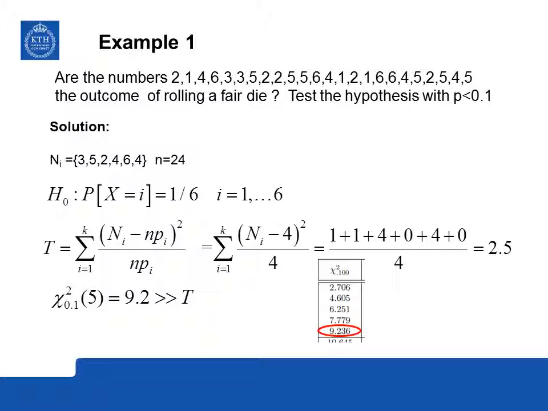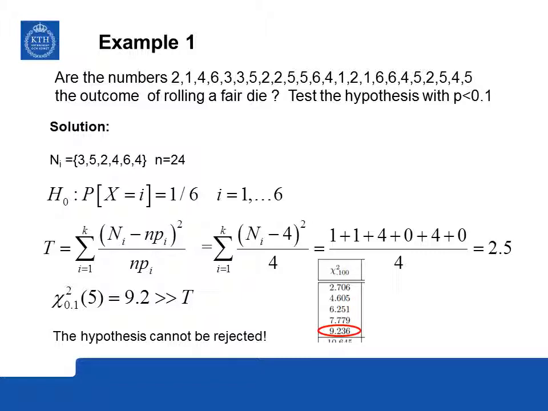And as we can see from our table, for 10% p-value, if we have 5 degrees of freedom, that gives a threshold value of 9.2. And 9.2 is much larger than capital T. So in this case, we cannot reject the hypothesis at the 0.1 p level.